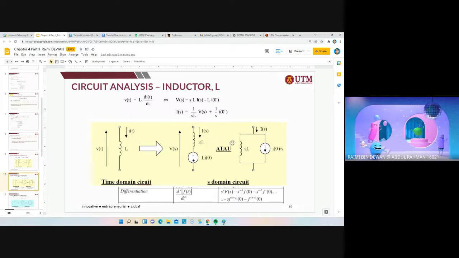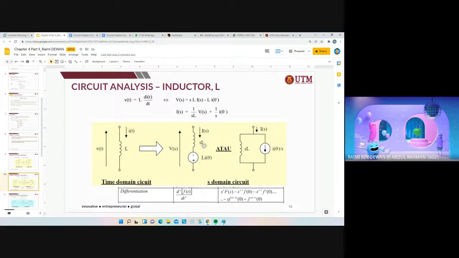So you see you have V(s) equals sL I(s) here, with L i(0). This one is like a voltage drop; they combine and contribute to your V(s).